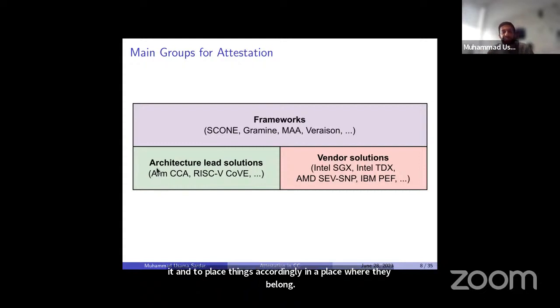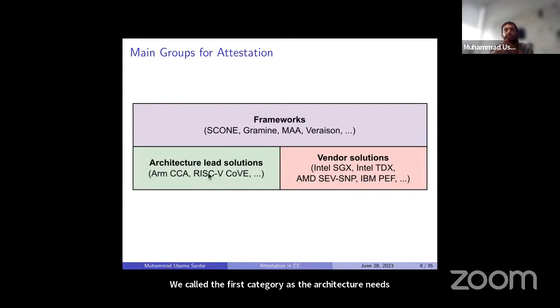We call the first category the architecture lead solutions, which are at a high level, like the specifications. For example, ARM CCA provides the specifications which somebody else can then use to build a solution on top of that. And similarly for RISC-V.